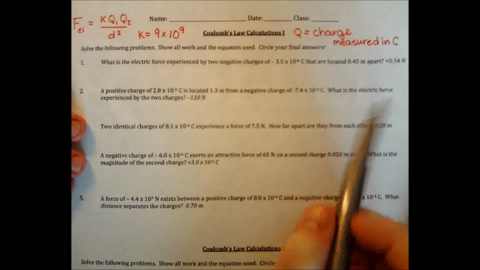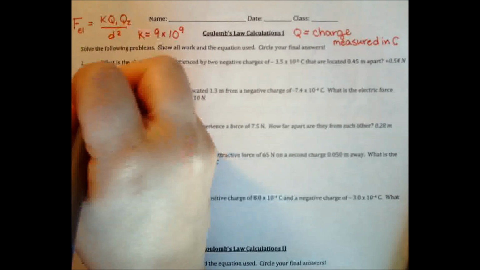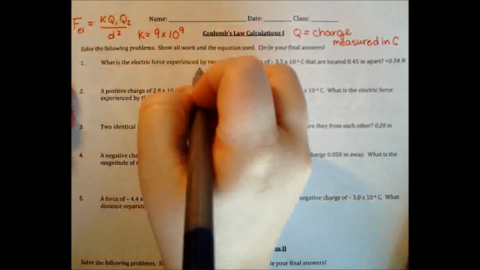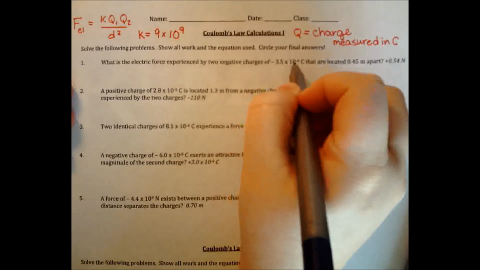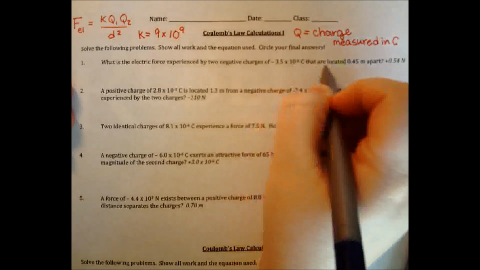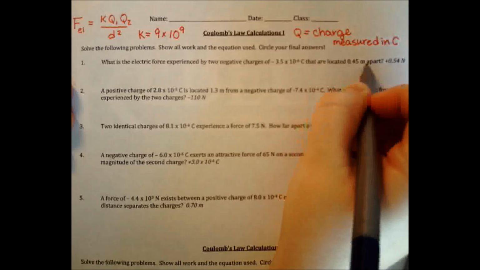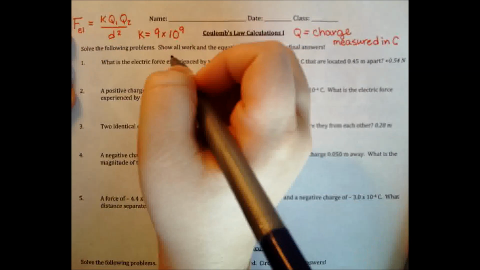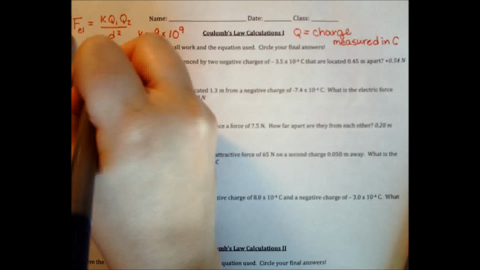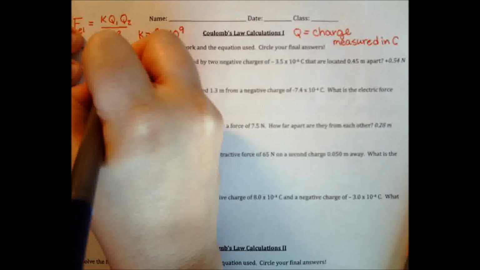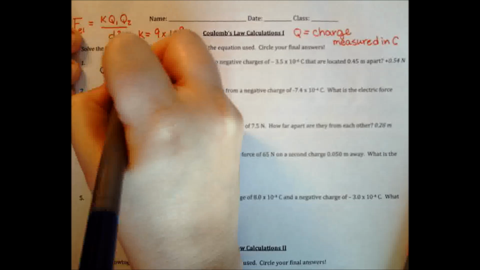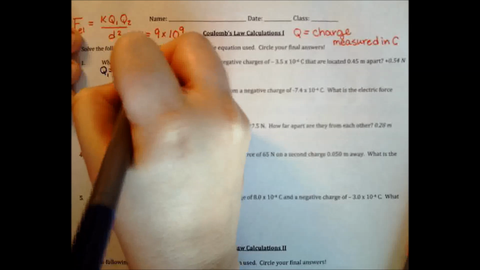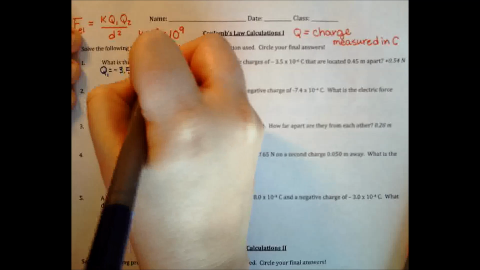So let's just dive right into this. The first problem: what is the electrical force experienced by two negative charges of negative 3.5 times 10 to the negative 6th coulombs that are located 0.45 meters apart? So, the information they've given us in the problem: Q1 is negative 3.5 times 10 to the negative 6th.